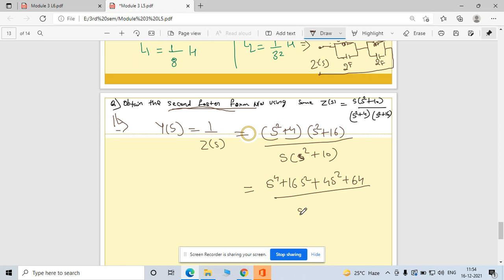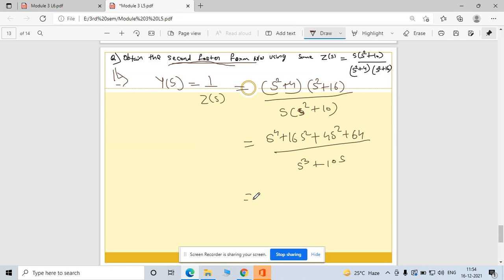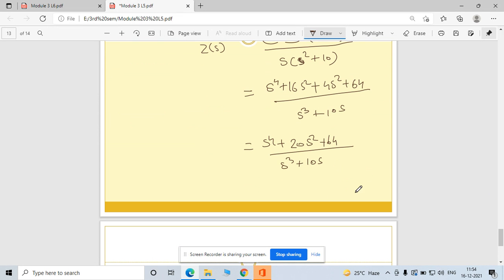And here s cube plus 10s. So this is nothing but s power 4 plus 20 s square plus 64, and this is s cube plus 10s. Now simple, you have to divide this numerator with this denominator.